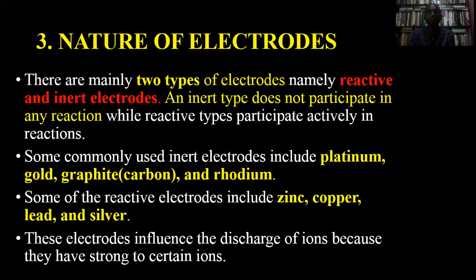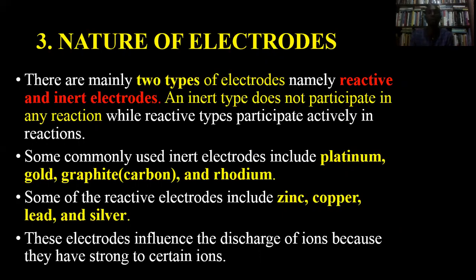We still have some reactive electrodes, which are zinc electrode, copper electrode, lead electrode, and silver electrode. These reactive electrodes partake actively in the chemical process. And whichever one is being used determines the particular ion that will be discharged, because of what they do in the reaction.